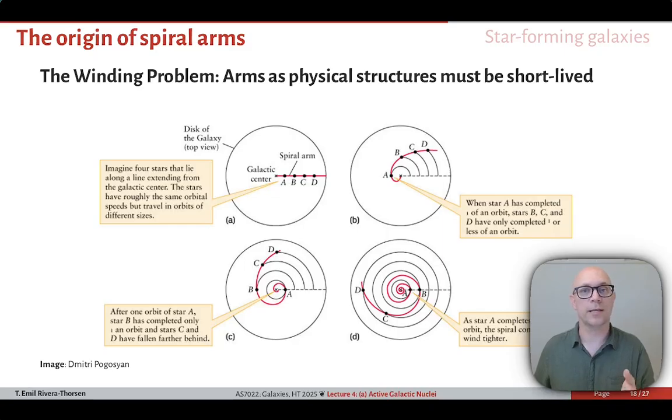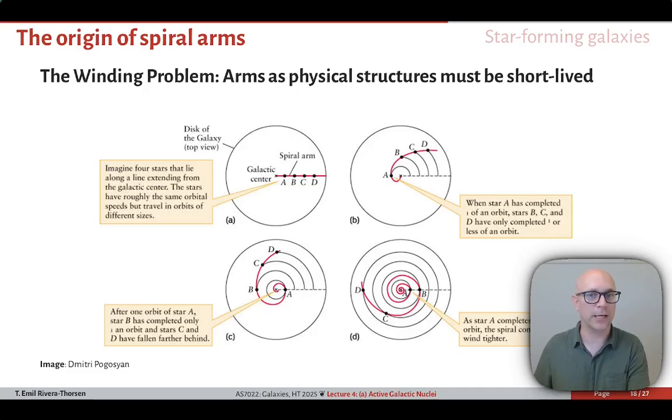So as time passes, once the first one has finished its first half lap, the ones further out will still barely have made any inroads on their first lap. As the first one has done its first full lap, the outer one, the D one, is only 1/4 lap through yet, and the other ones are also struggling to keep up.